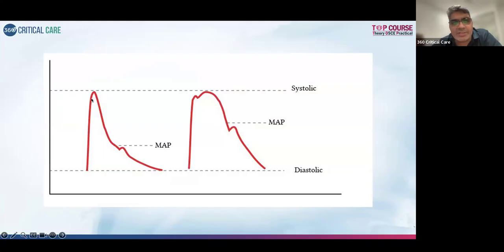In this case you can see the systolic pressure is the same in both cases, but the MAP is higher here compared to there because the area under this curve is higher. That means you have an adequate MAP here, but you may not have an adequate MAP there because of the low diastolic pressure. The diastolic pressure is higher here, so the MAP is higher and the area under this curve is higher.